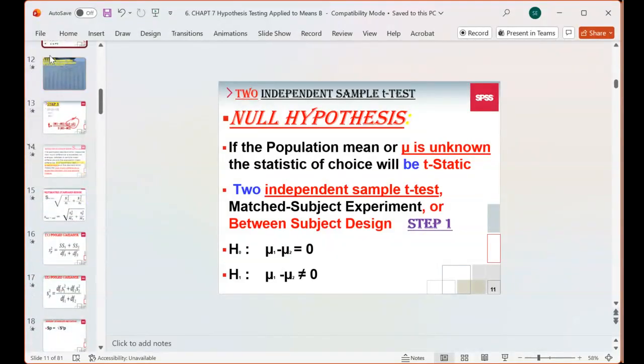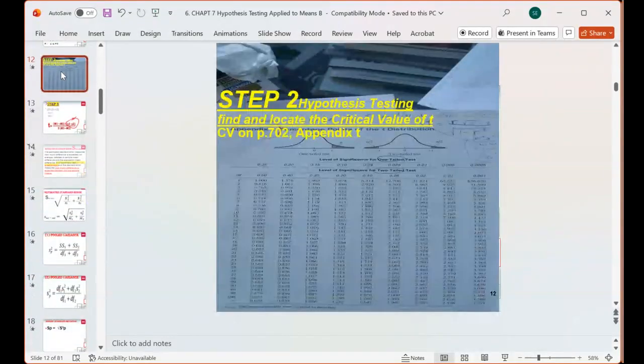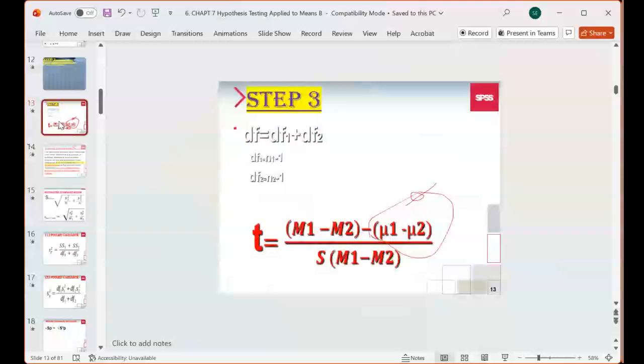And then that's your critical value. On page 702, critical values for the t-test, you go there based on your degrees of freedom and your alpha, and you will find your critical values.